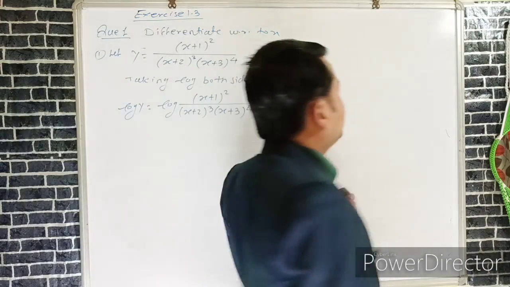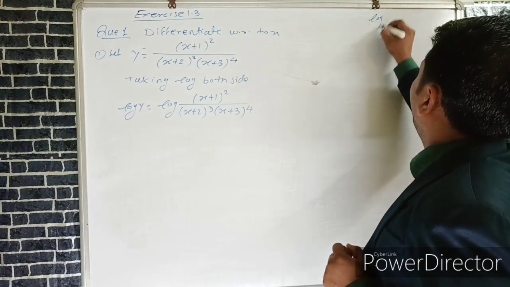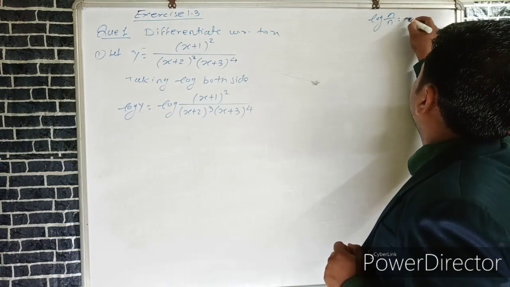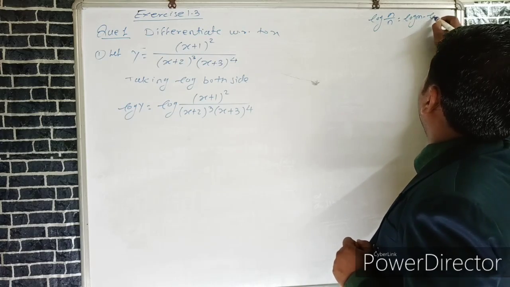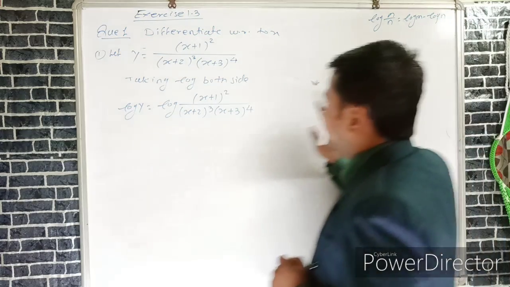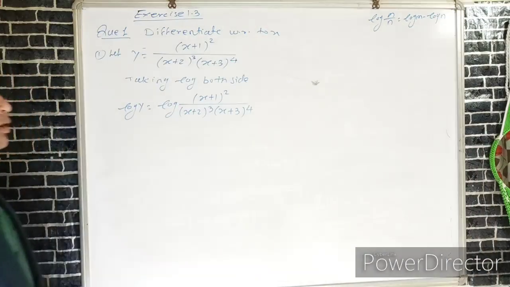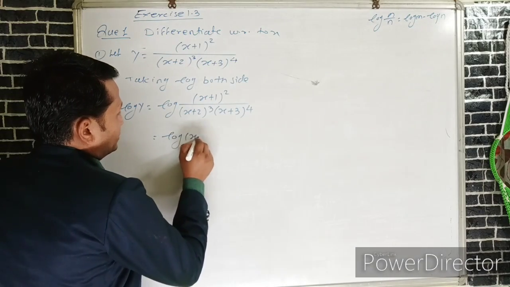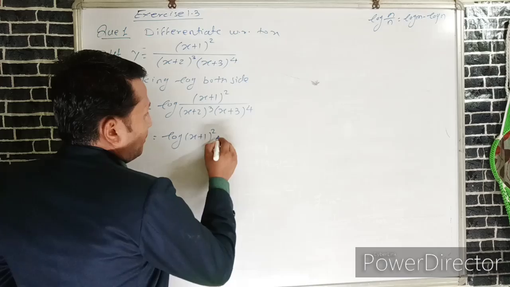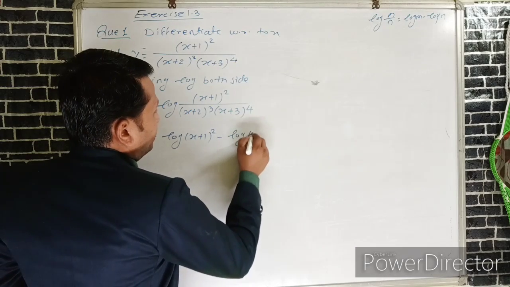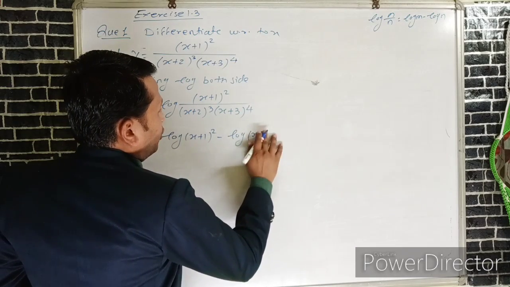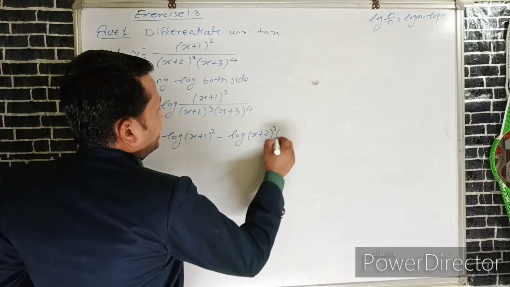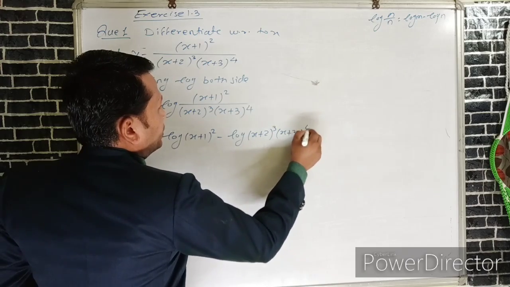Now, by using the rule of log of m upon n, we can write log m minus log n. Similarly, we apply the rule here. We can write log of (x plus 1) square minus log of (x plus 2) cube into (x plus 3) whole raised to the power 4.